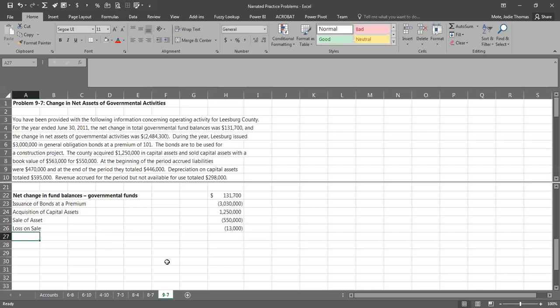All right, next thing to take a look at. At the beginning of the period, accrued liabilities were 470,000. At the end of the period, they totaled 446.